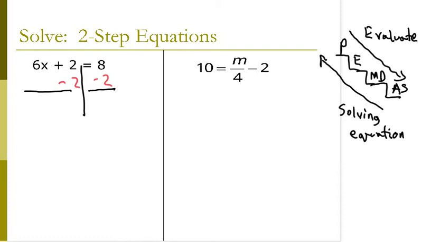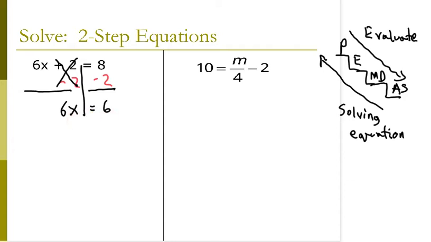So these two are going to eliminate each other. So 6x plus 0 is just going to be 6x. 8 take away 2 is 6. So we see here 6 times some number has the same value as 6. We know this has to be 1, but let's write the next step anyway.